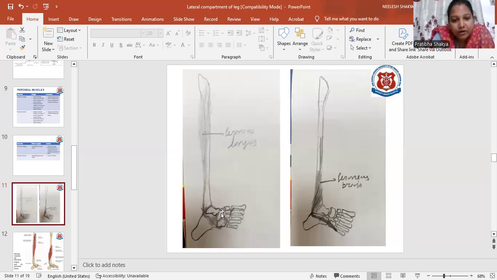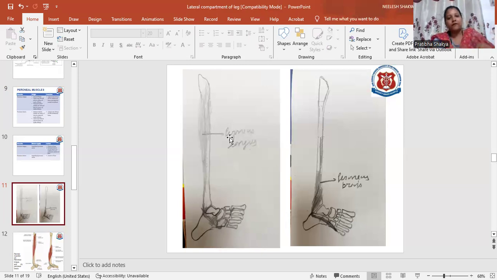And in front of the navicular bone, there are the three cuneiform bones, known as the medial cuneiform bone, intermediate cuneiform bone, and lateral cuneiform bone. And in front of these tarsal bones, we have five metatarsal bones. The first metatarsal bone on the medial side, and the fifth metatarsal bone on the lateral side.